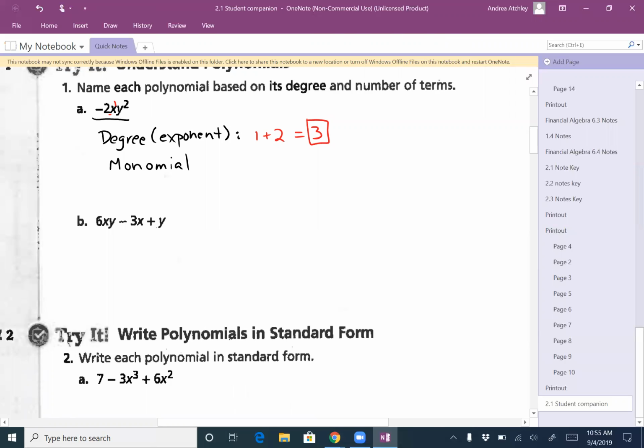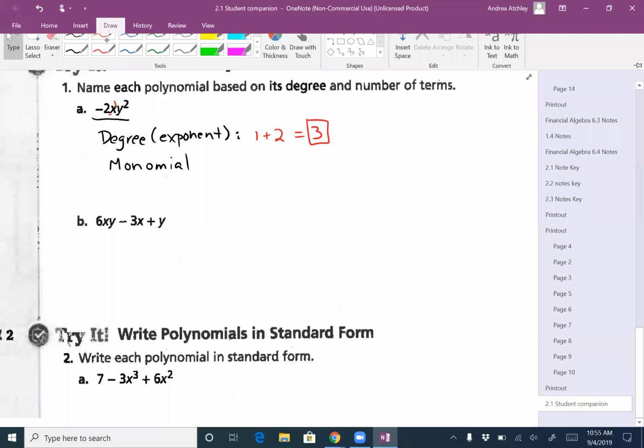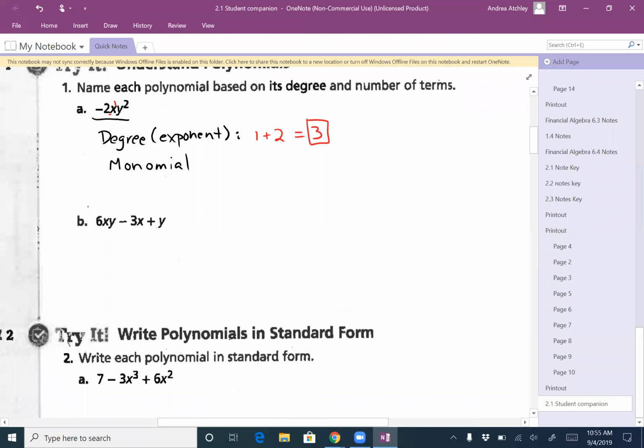Very good, the 6xy. So when we're talking about the degree, we only look at the one with the highest degree. In this case, it's the 6xy. The x and y both have 1 as the exponent. So it's 1 plus 1, which gives me a degree of 2.